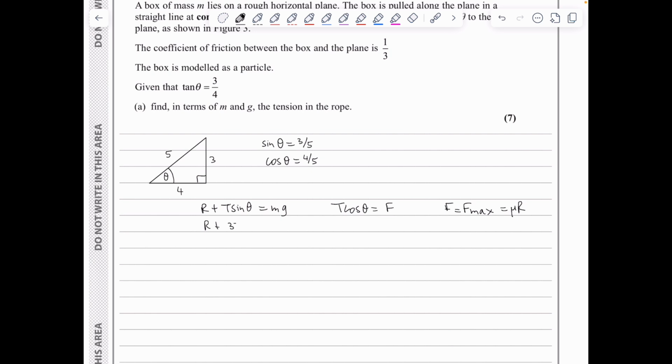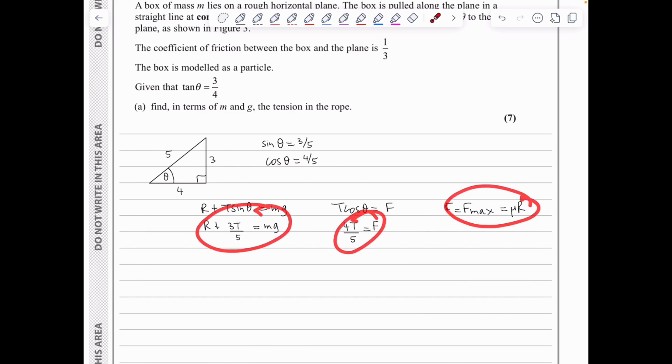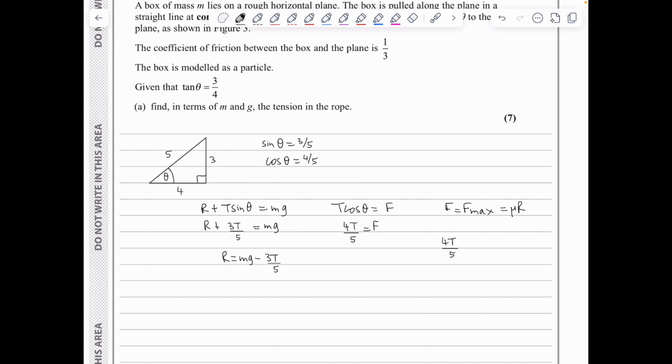I will proceed with the fact that sin theta here is 3/5, so we're looking at R plus 3T over 5 being equal to mg, and we also have that 4T over 5 is equal to F. I will be substituting F and R into the equation here. So we've got that capital R is equal to mg minus 3T over 5, and therefore we're looking at F, which is 4T over 5, being equal to mu, which is 1/3, times the R, which is mg minus 3T over 5.